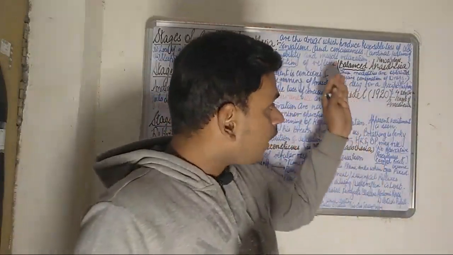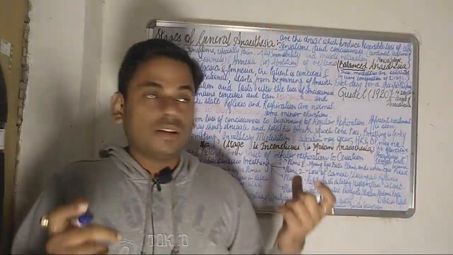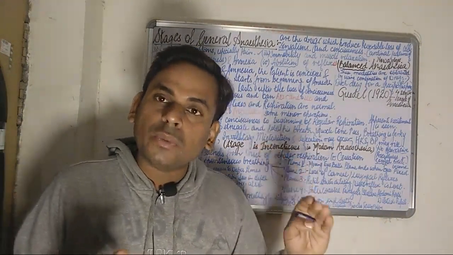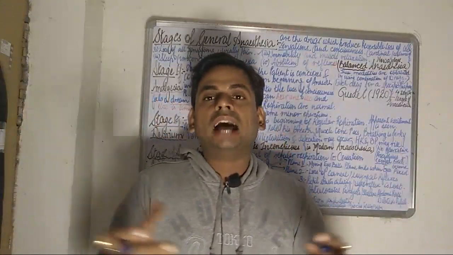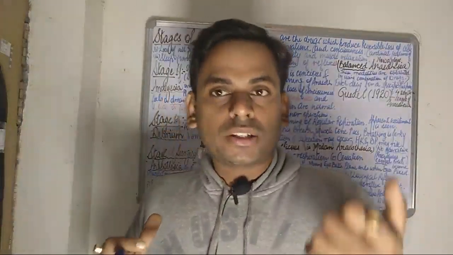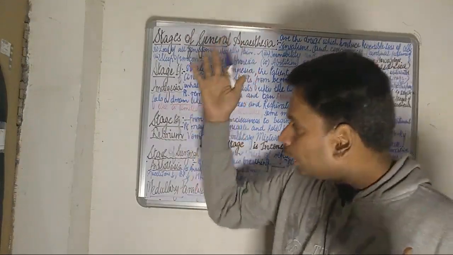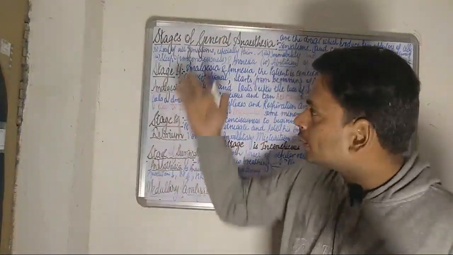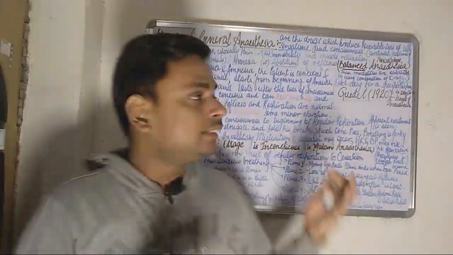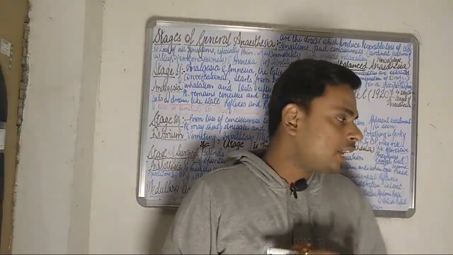The anesthetic agent that Guedel used was ether, and on the basis of the stages he observed with ether, there are four stages of general anesthesia. These things I would like to emphasize.